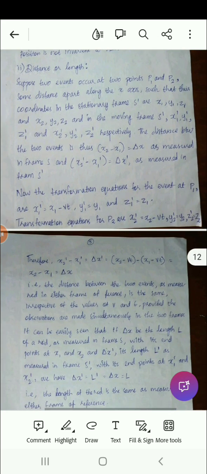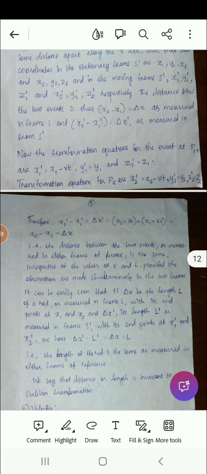The distance between the two events is x2 minus x1, which is equal to delta x in the inertial frame S, and x2 dash minus x1 dash is equal to delta x dash in the reference frame S dash.